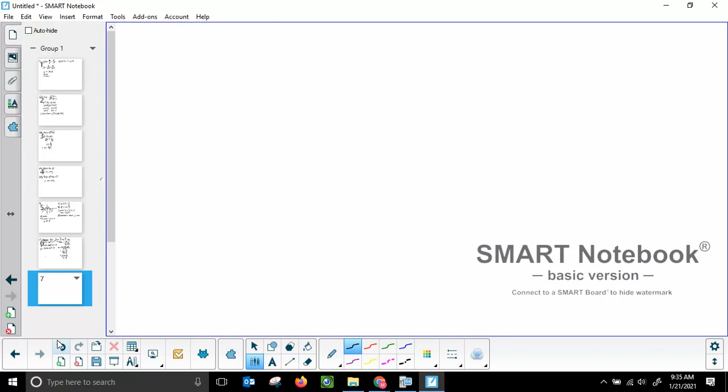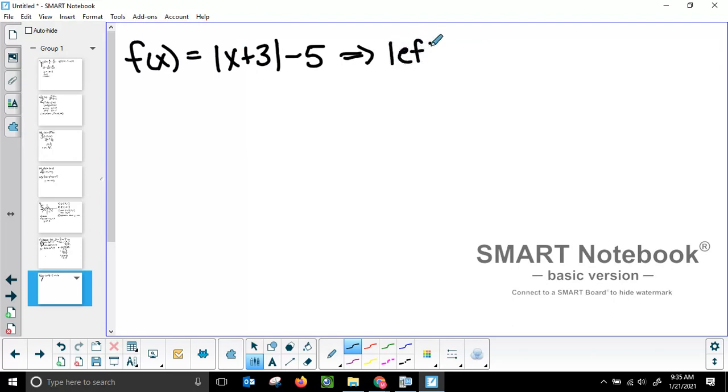That being said, instead of graphing them on a multiple choice test, I may very well ask you what the transformations are. So part A says the absolute value of x plus 3 all minus 5. As far as transformation is concerned, this plus 3 inside would take me to the left 3, and this minus 5 outside would take me down 5.